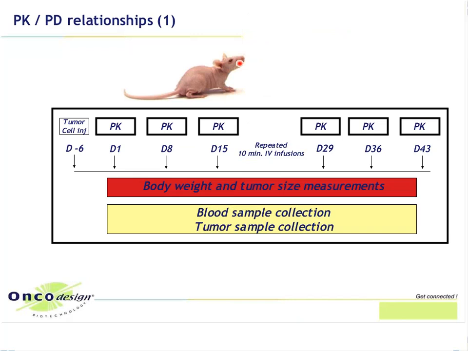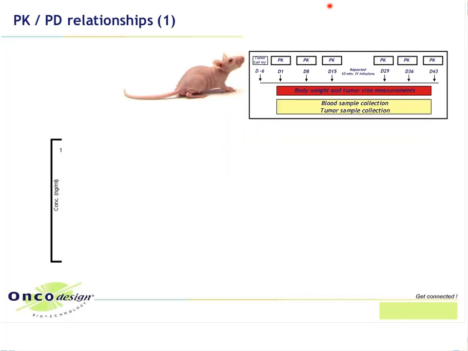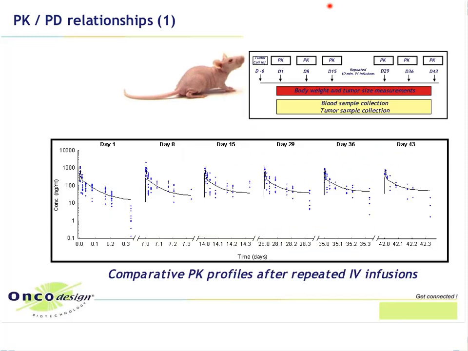During the course of the study, the treatments were repeated every week, and we monitored body weight and tumor size, and collected blood and tumors to establish PK and biodistribution. So first, we observed that the PK profile of the drug was quite similar after infusions every week.